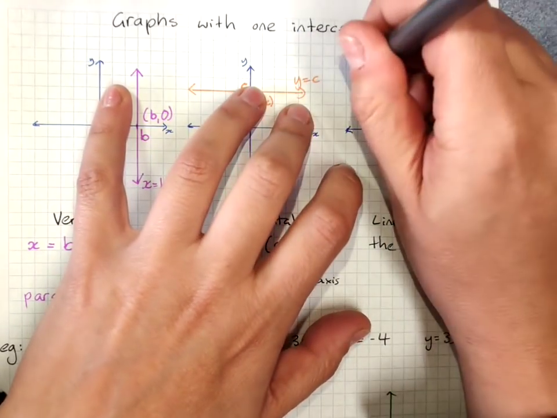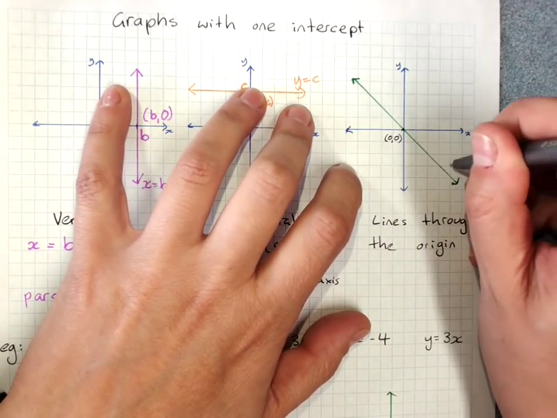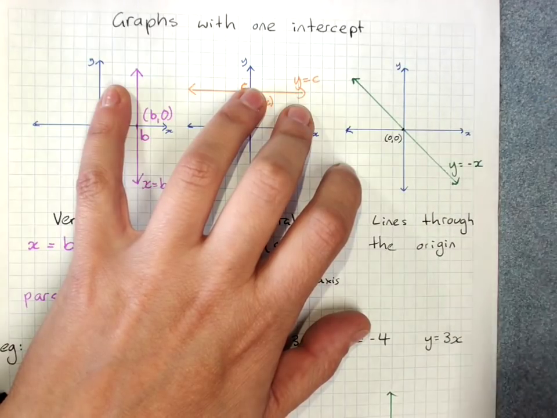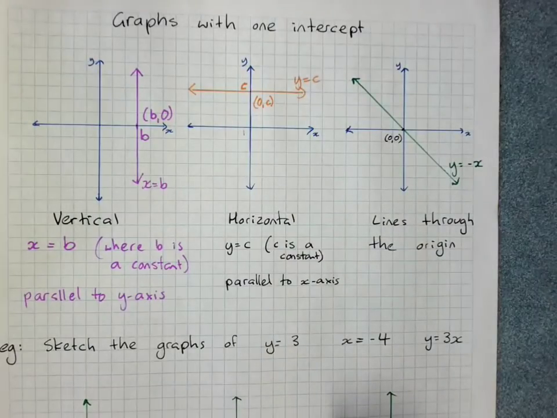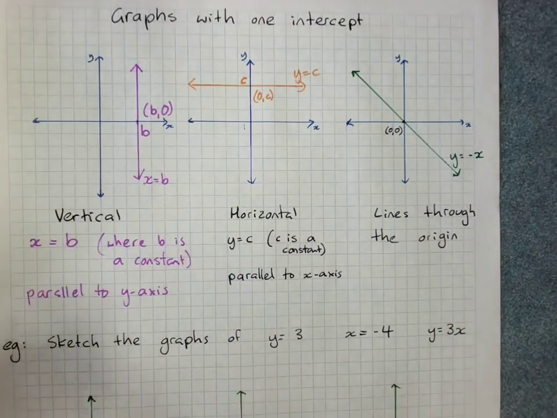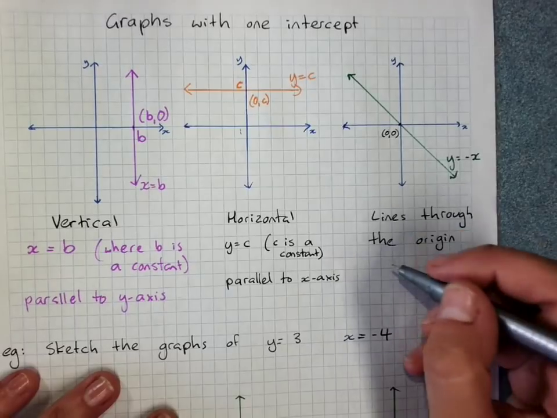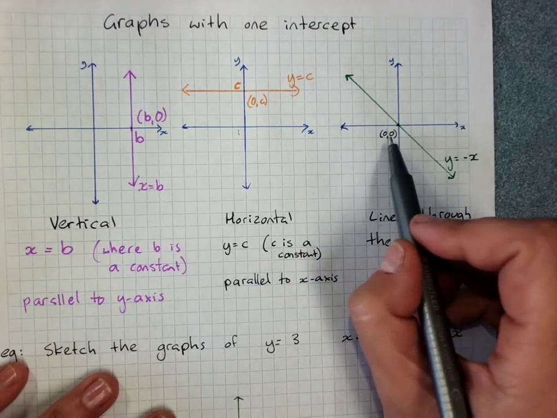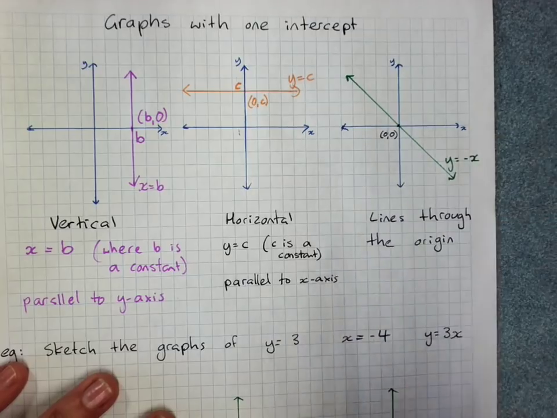For example, this one, which is y equals negative x. And these graphs have the y-intercept of (0, 0). The x-intercept is also (0, 0).